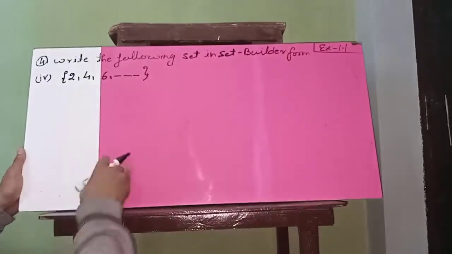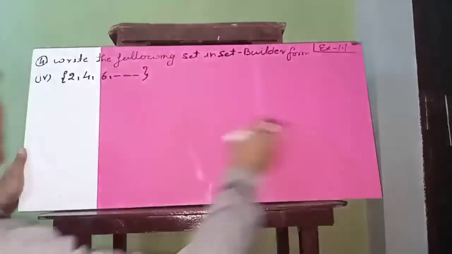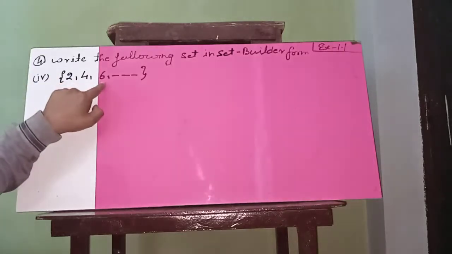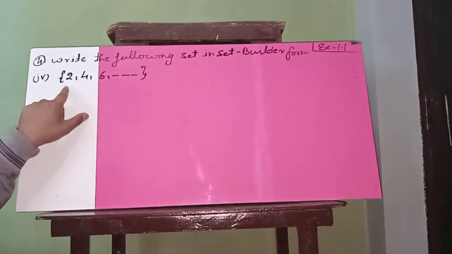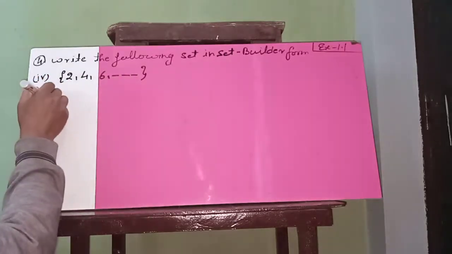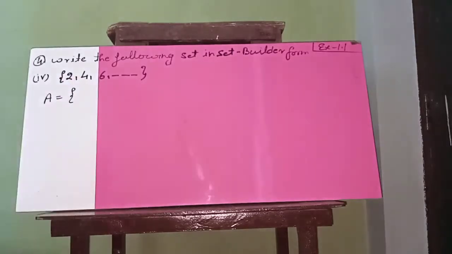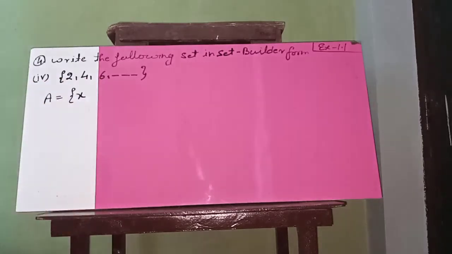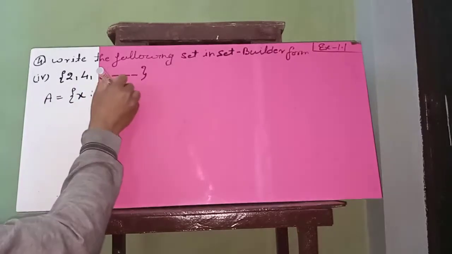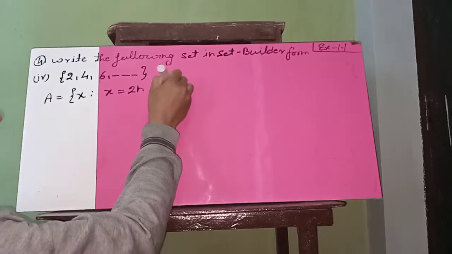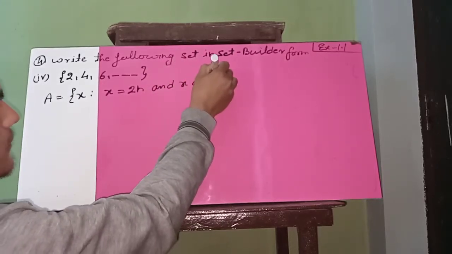So how we change the given set into set builder form. Okay, look at, 2 × 1 is 2, 2 × 2 is 4, 2 × 3 is 6. It means here the given set, all the elements are the table of 2. So how we write? Set A equals, look at, in the set A we have an element x. X value is 2, 4, 6, anything, such that x equals 2n, and n is the element of natural number.